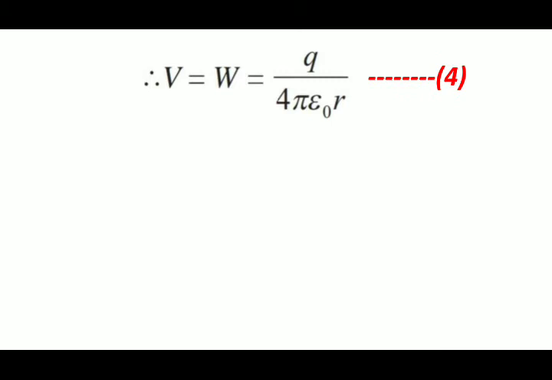Now see, electrostatic potential. By definition, this work done is nothing but the electrostatic potential. So we can write that V is equal to W, and finally W is nothing but Q upon 4 pi epsilon naught R. A positively charged particle produces a positive electric potential, and a negatively charged particle produces a negative electric potential.